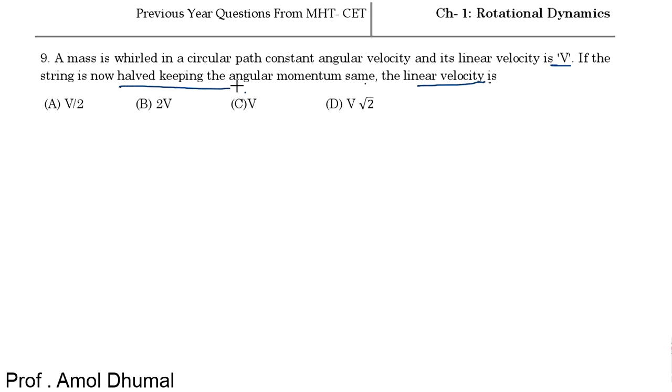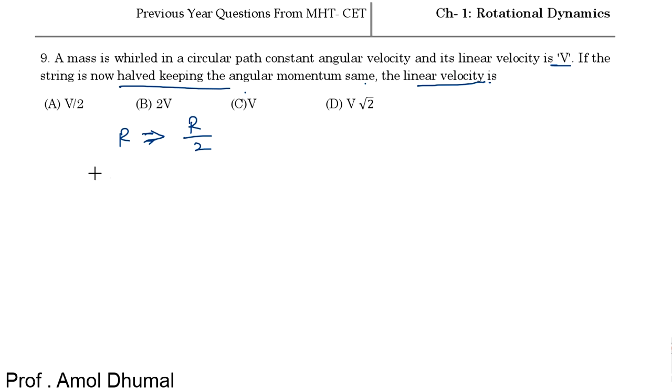So string is halved means the r is made r by 2. So the initial radius of rotation is halved into r by 2.